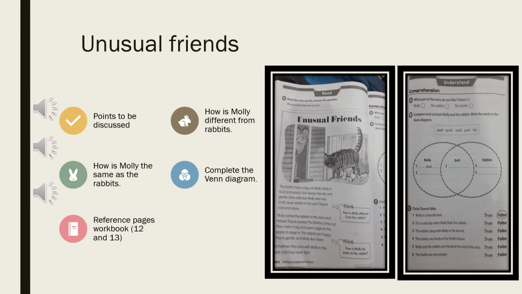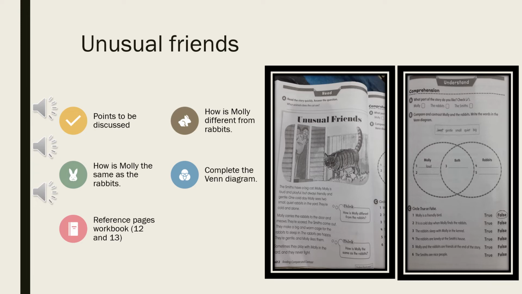When we talk about rabbits, yes, rabbits are small and rabbits are quiet too. And when I say what is same in both, what would be your answer? Yes, they both are very gentle. This is what is same in both the animals.